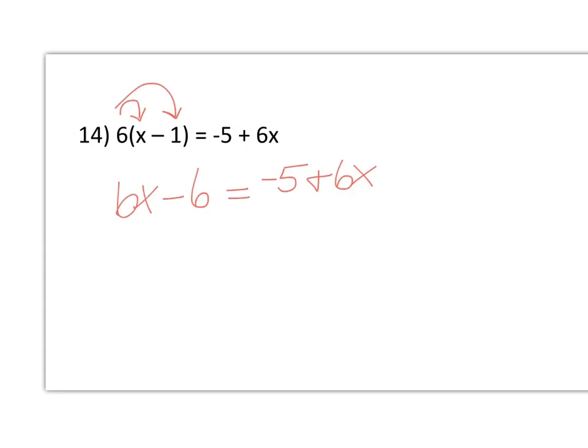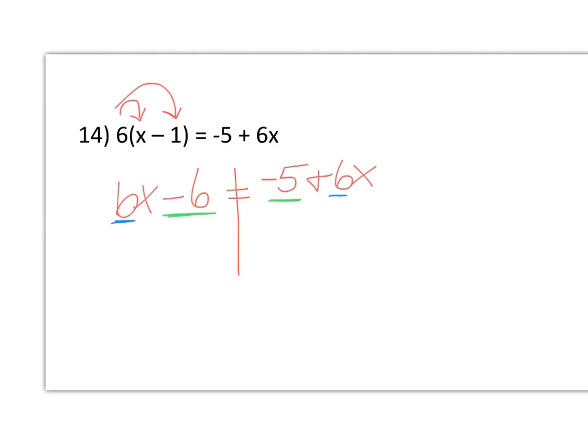All right, so now I've got some decisions to make. I'm going to draw my river, and I've got to get my variables on one side and my constants on the other. Now, before I do that, I just want to notice that I have the same coefficient, but I have different constants. This is a -6 and this is a -5.